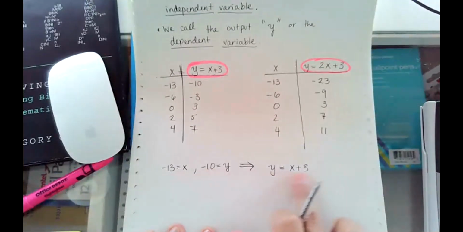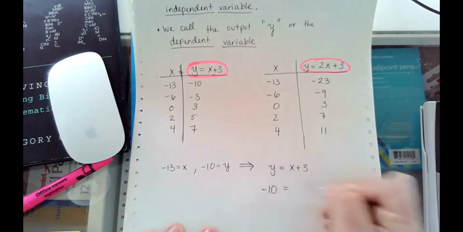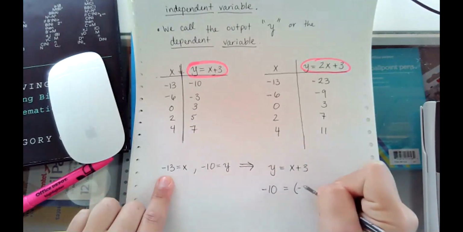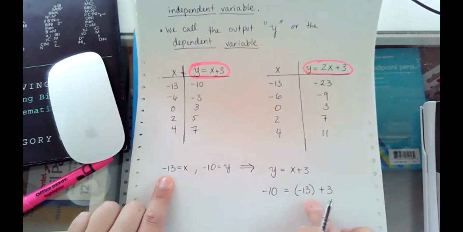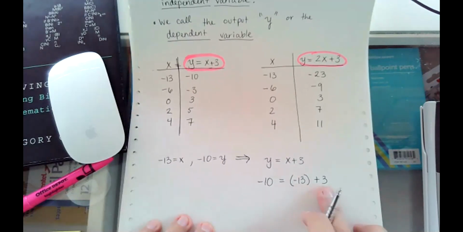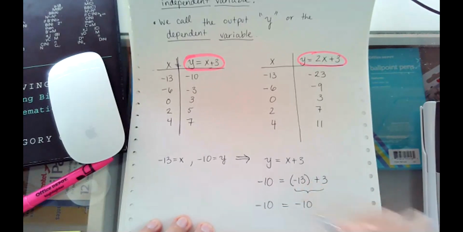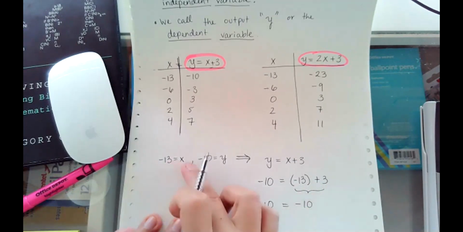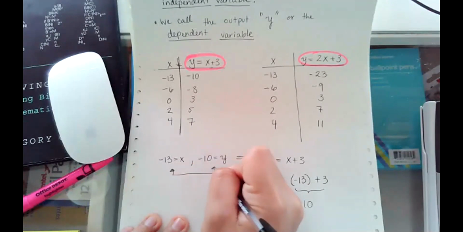So I'm going to plug them into this expression. -10 is equal to -13 plus 3. Don't mind the parentheses. I'm still just adding. And when I add these and simplify the right-hand side, I get negative 10 is equal to negative 10, a true statement.